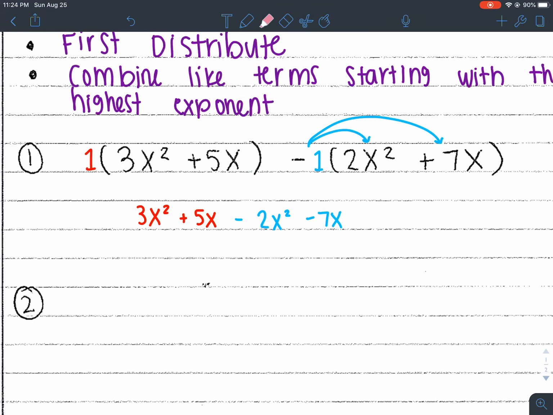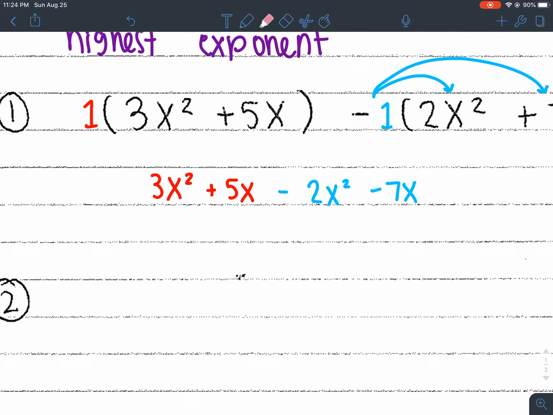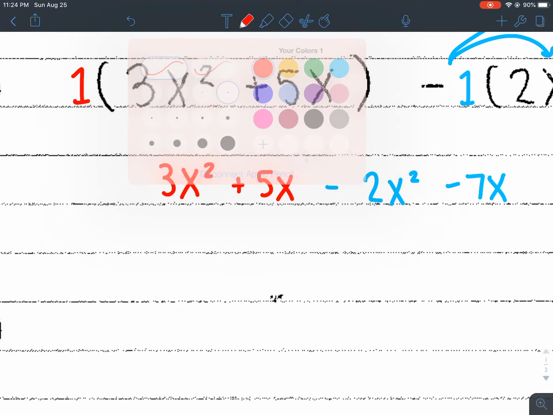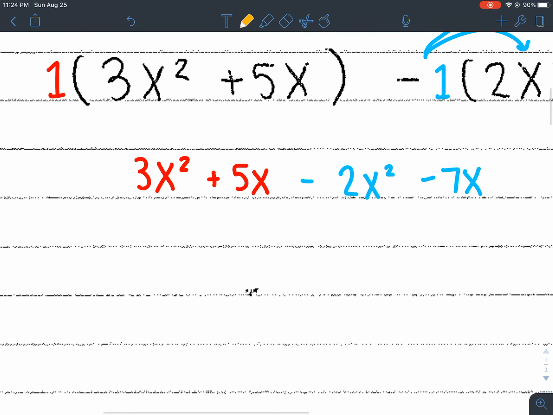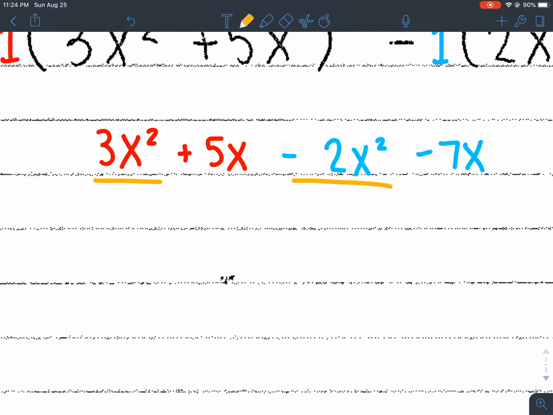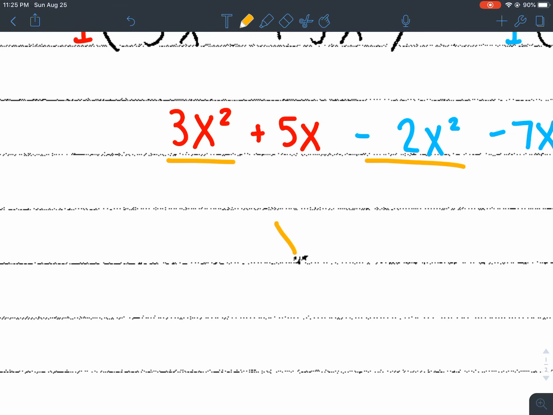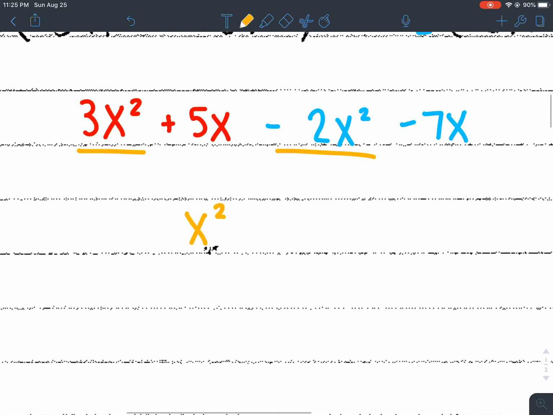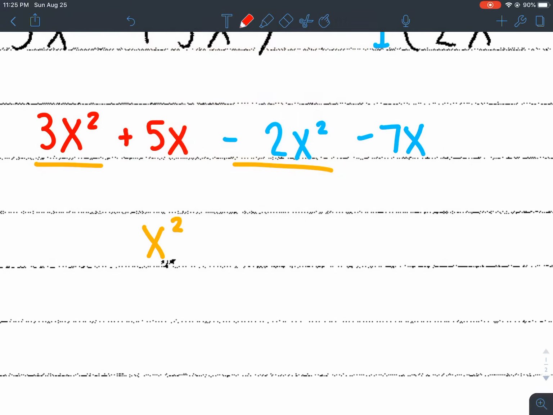All right, now we're going to go ahead and combine our like terms. You always want to start with the highest power. Our highest power here is 2. So we have 3x squared minus 2x squared. That's going to give me a positive x squared, so 1x squared. And then I have 5x, and I have negative 7x, so those are like terms.